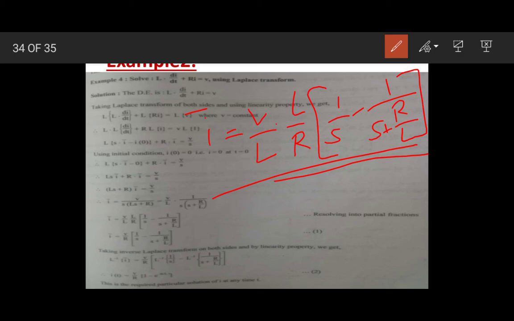Now after getting I bar, next we have to find the inverse Laplace on both the sides.